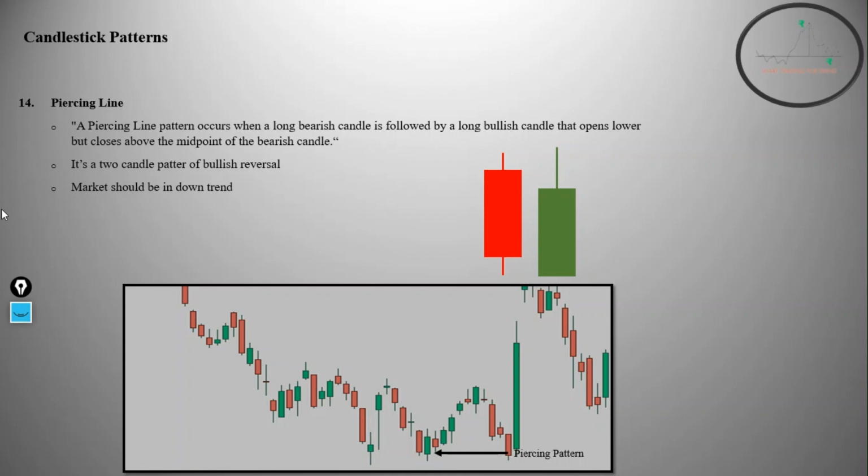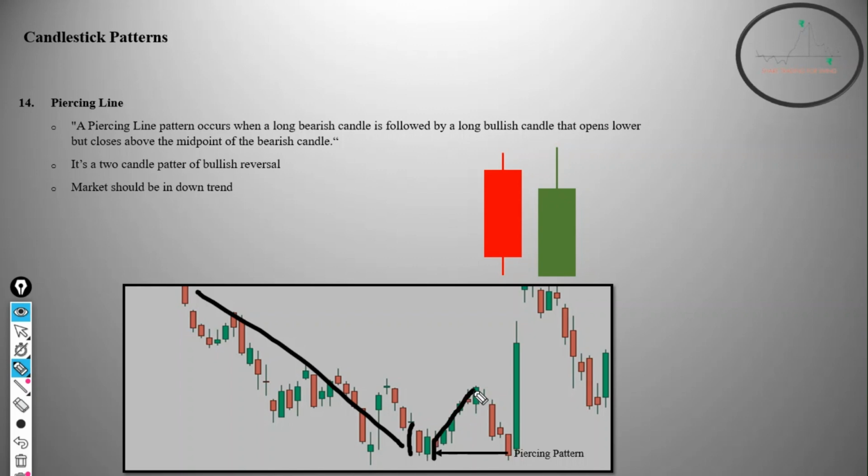So if you look at the chart, the market was in a downtrend, then this is the red candle, and then this is the green candle, and the market went up. Then there was a pullback, and then a significant pullback, and then this is the closing Marubozu.